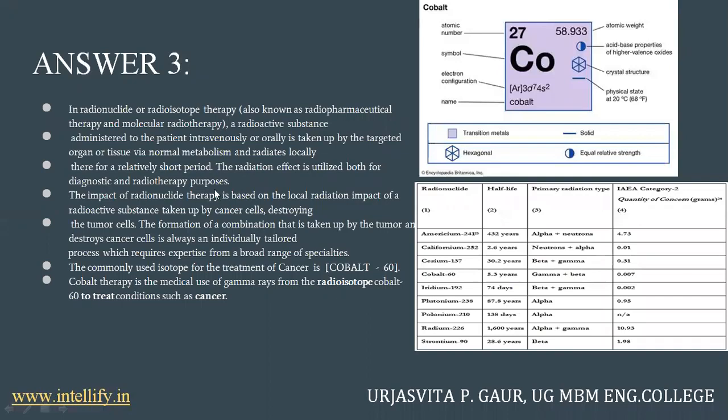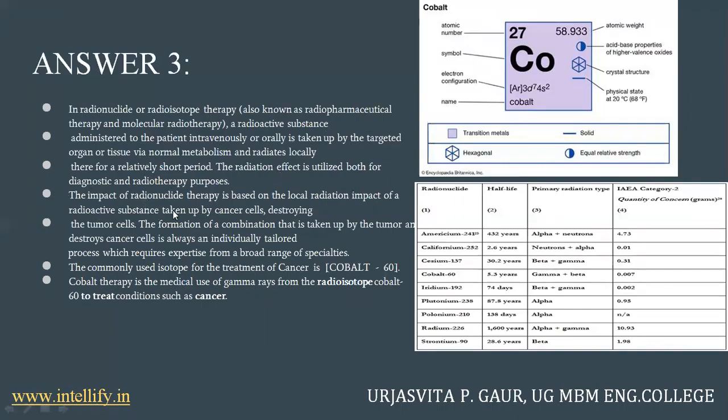This is the radionuclide or radioisotope therapy, which is also known as radiopharmaceutical therapy and molecular radiotherapy, in which a radioactive substance is administered to the patient intravenously, that is inside your veins, or orally, and is taken up by the targeted organ or tissue where this overproduction of cells or tissue is taking place via normal metabolism, and then in a relatively short period of time it starts showing its effects. The radiation effect is utilized both for diagnostic purposes as well as radiotherapeutic purposes.